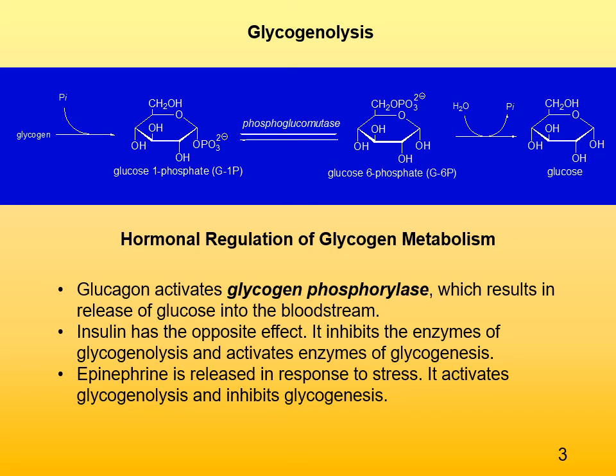Another pancreatic hormone, which is also a polypeptide, is insulin, and it has opposite effect of glucagon. When blood levels of glucose are high, insulin is released and it inhibits enzymes of glycogenolysis and activates enzymes of glycogenesis.